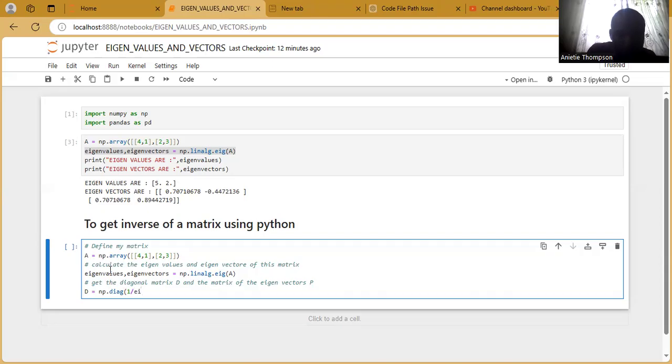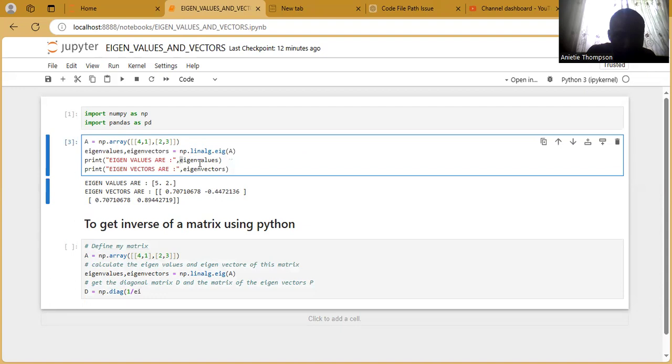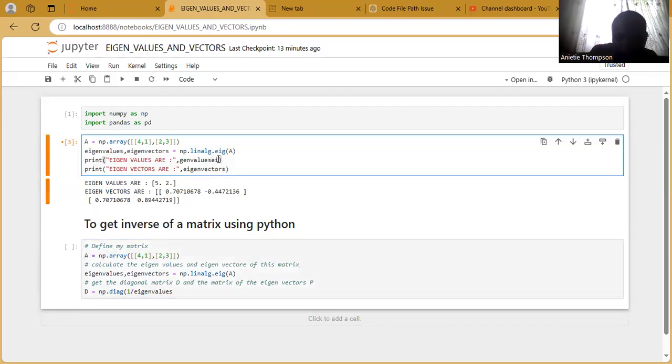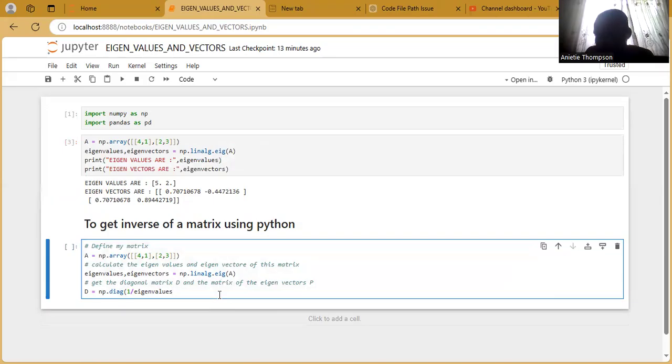If you don't want to make a mistake, you come here, copy the eigenvalues that you wrote earlier, Control C and paste there, Control V. Then close that. So that is the definition.